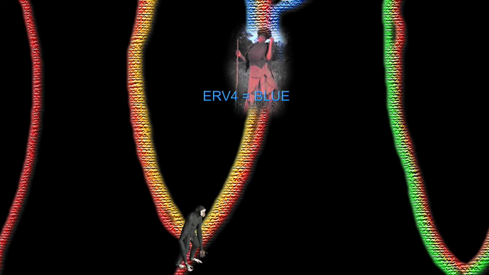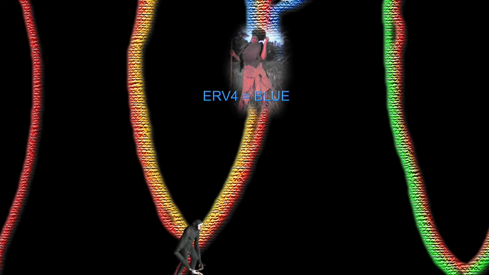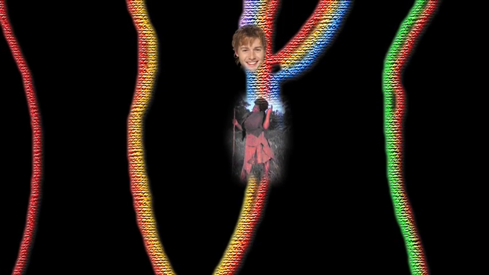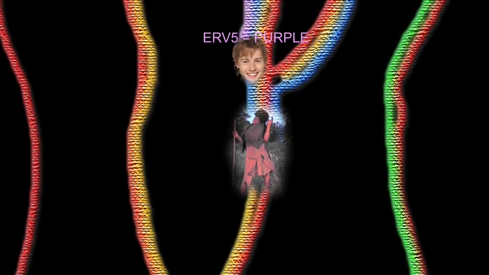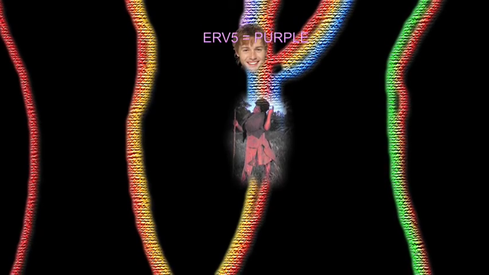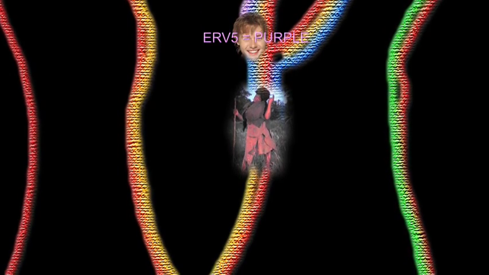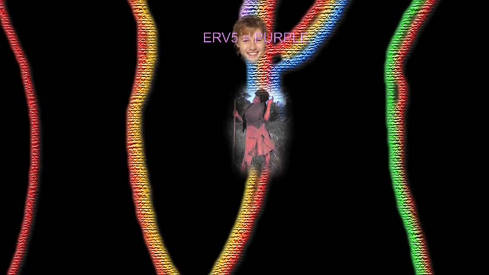Call it ERV4. As early humans spread out, a fifth ERV arises in a population that is isolated in Australia. So, ERV5 does not spread to other human populations.